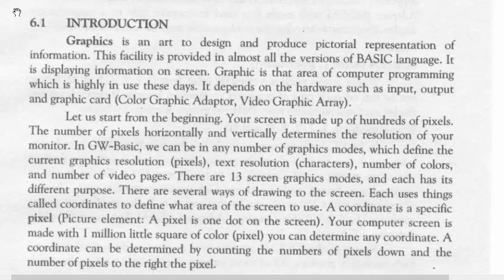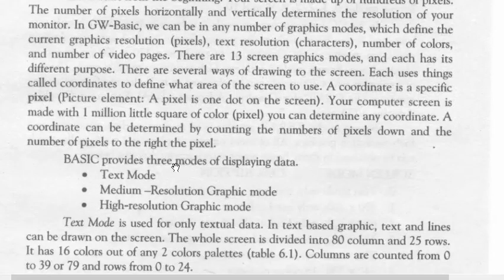And from left corner to right bottom corner it is called z axis, z coordinate, that is measured with the help of x and y. I will give you an example later. A coordinate can be determined by counting the number of pixels down and the number of pixels to the right.